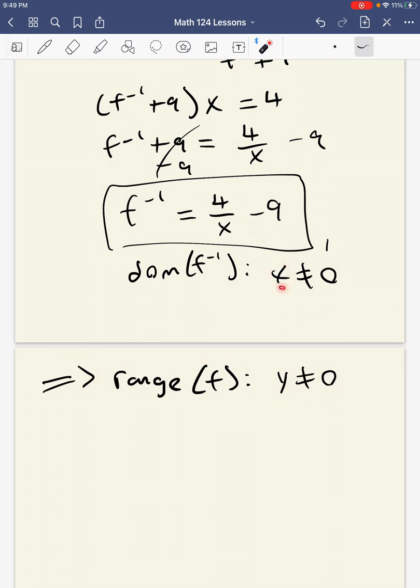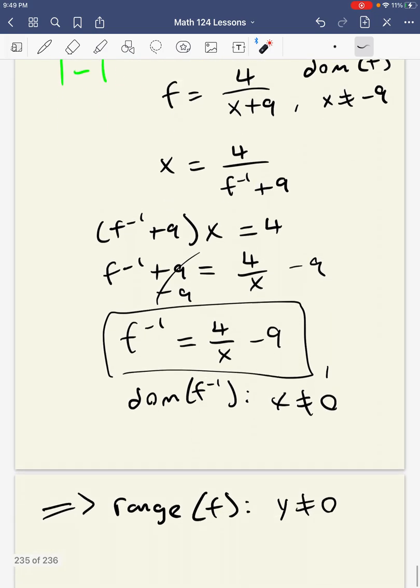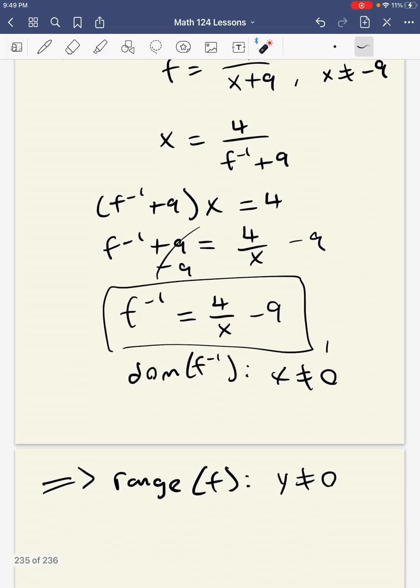With the little side note, I used an x here because I was talking about domains, and used a y here because I was talking about range, but it's the same restriction here. We cannot equal 0, cannot equal 0. Okay, so this is one useful thing about inverse functions. It helps us find the range of the original function.